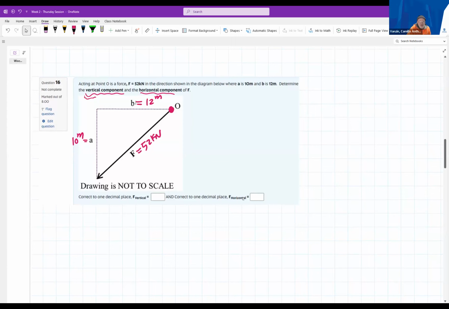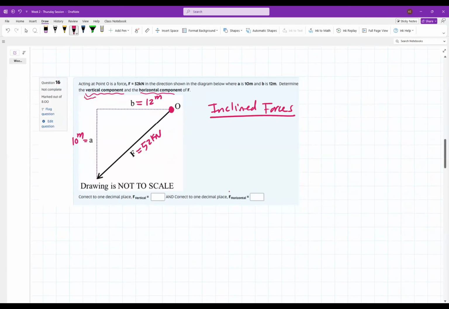As you know, it is hard to deal with inclined forces in our analysis. So what we need to do for inclined forces is find the vertical component and horizontal component.